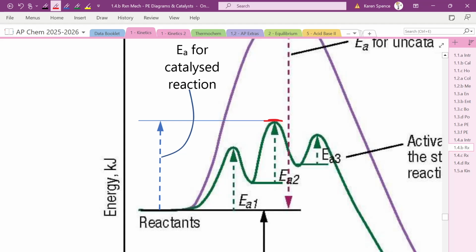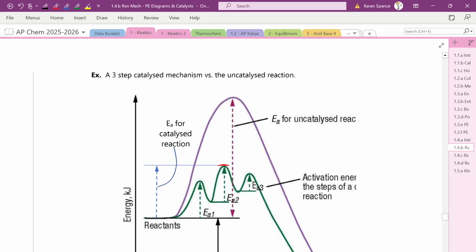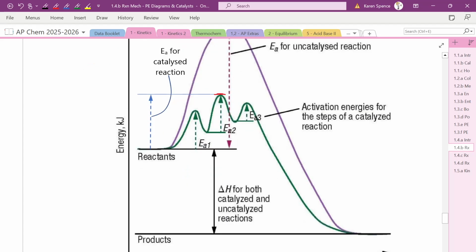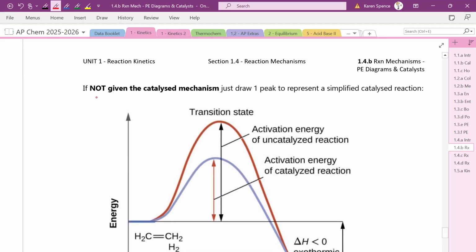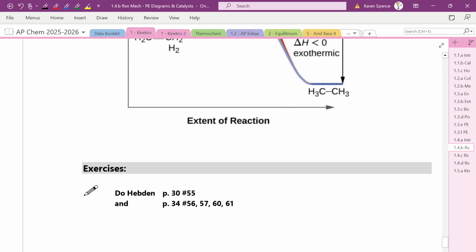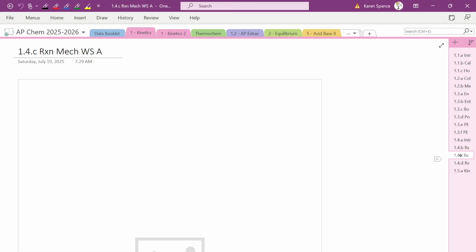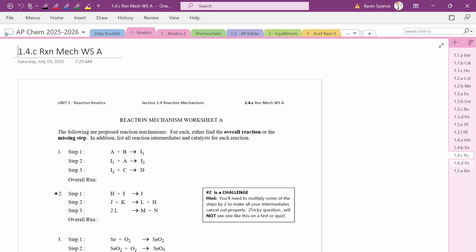Just kind of make a guess. Okay? All right. If you are not given the catalyzed mechanism, it is perfectly good, and you should just draw 1 peak to represent the catalyzed reaction. Okay, so that's 1.4c. There's some worksheet.